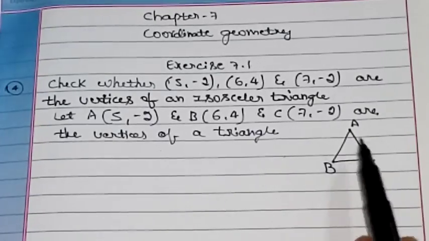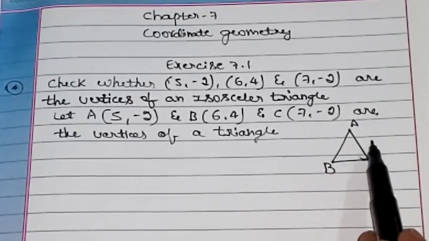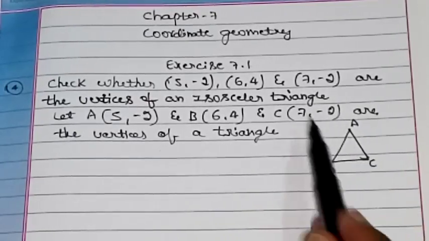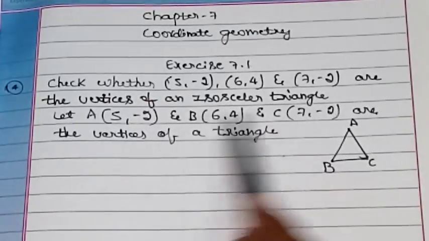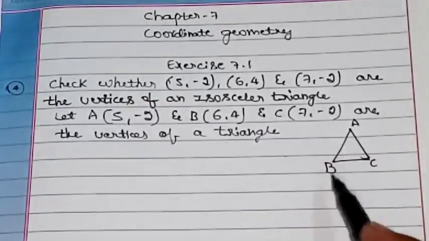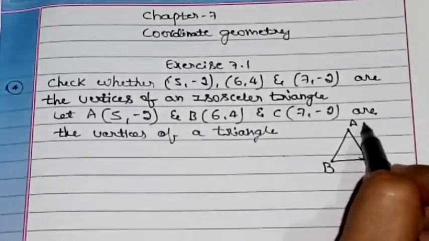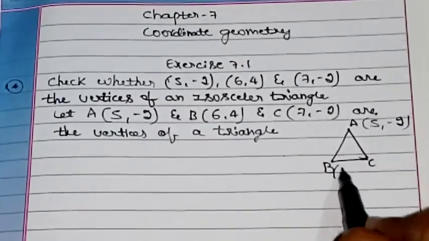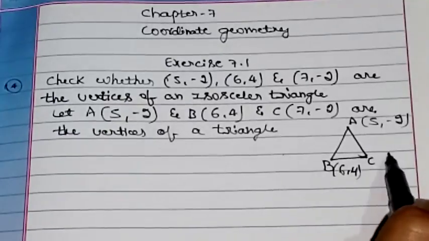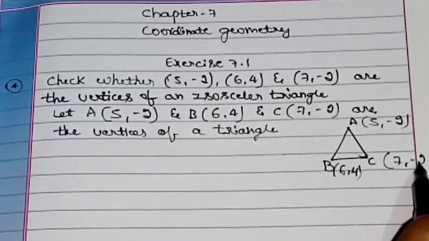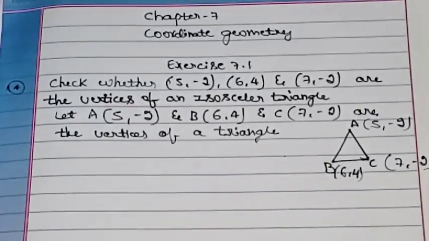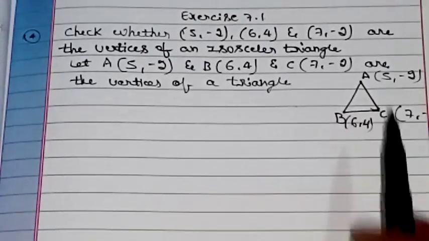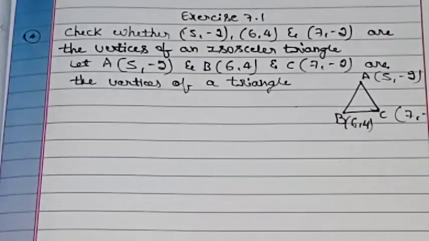If you get two answers the same, then directly we can say the given coordinate points are the vertices of an isosceles triangle, children. Now let me write A (5, -2), B (6, 4) and C (7, -2), right, children?